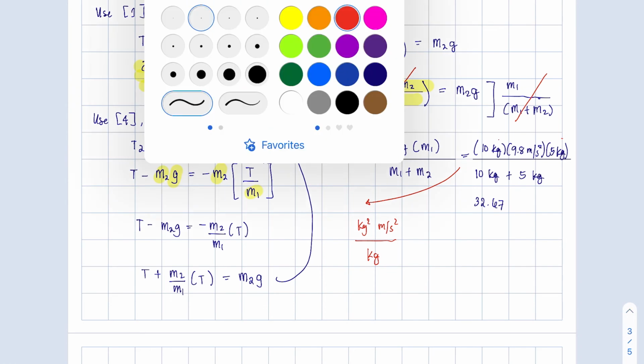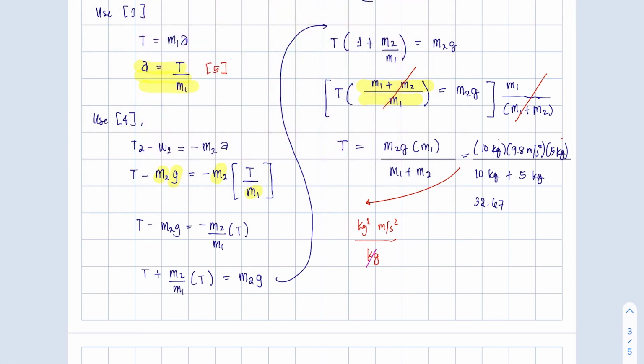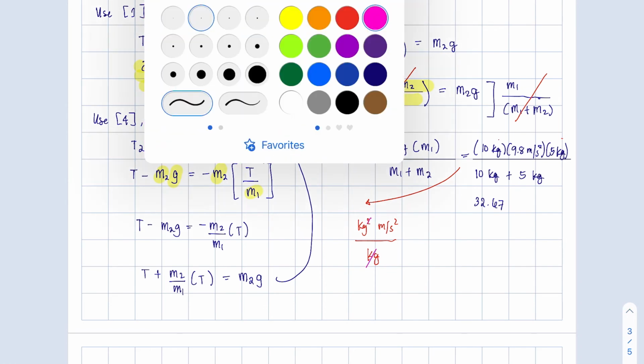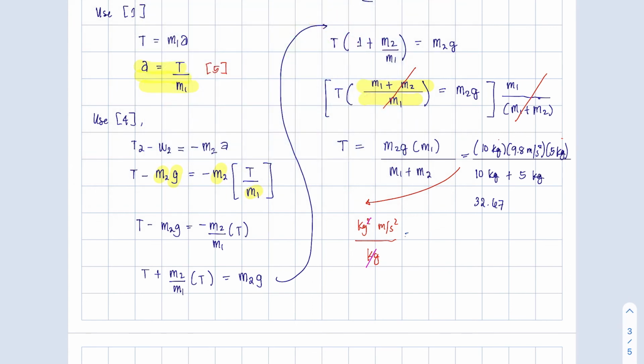Therefore, on the numerator you cancel out one kilogram, leaving only kilogram. So kilograms times meter per second squared, you know that is Newton. So basically, you arrive at a correct unit for tension, which is in Newton. So that's another clear sign or indicator that you are indeed going in the right direction.